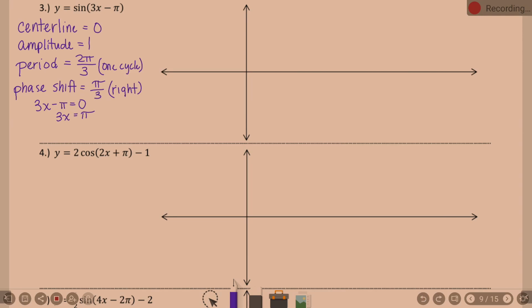Divide by 3, and I have x equals pi over 3. I'm not saying you have to do that, but that's kind of a way to help you keep straight. So it's just like that whole idea of, what if I always talk left or right, opposite the sign. It's the piece in parentheses, it's left to right, opposite the sign. So this is going to be a right pi over 3. Okay.